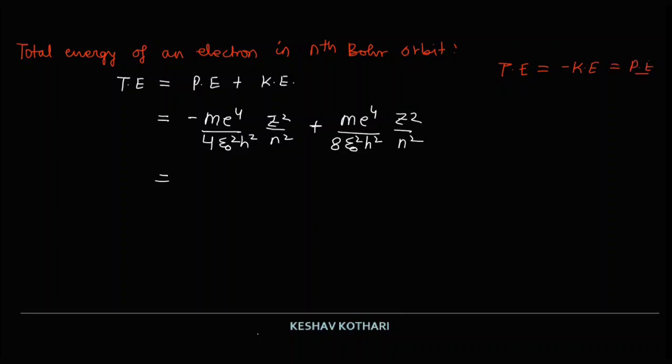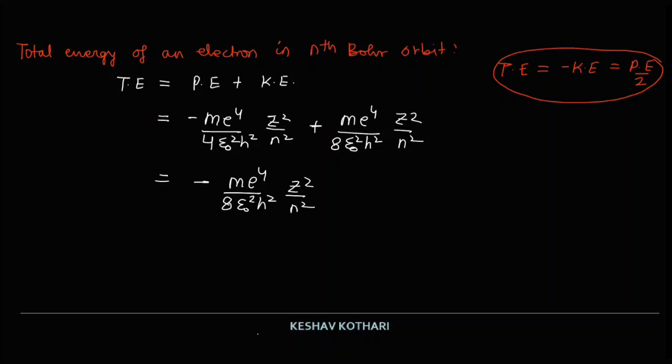I don't know if you can see this coming up, but over here we have attained a similar expression: the total energy is turning out to be minus of m e to the power 4 upon 8 epsilon naught square h square z square by n square. Because over here, if in the potential energy equation I just multiply by half, then the magnitude will be the kinetic energy value.